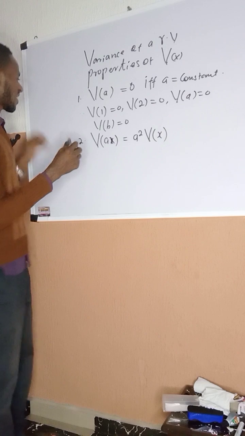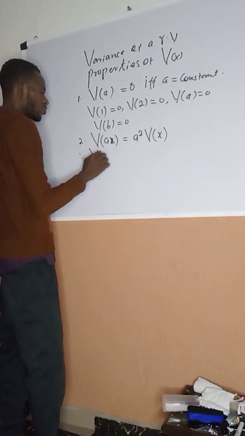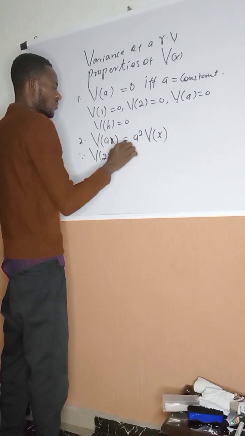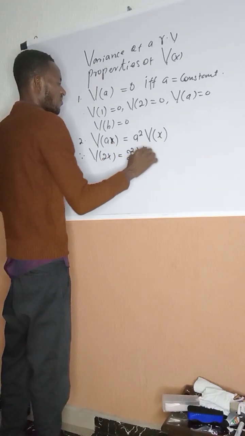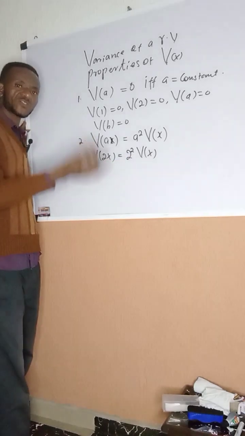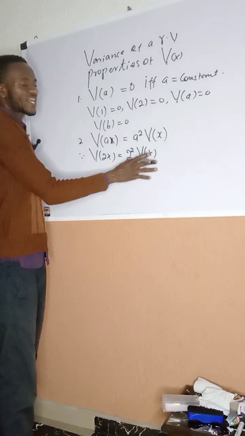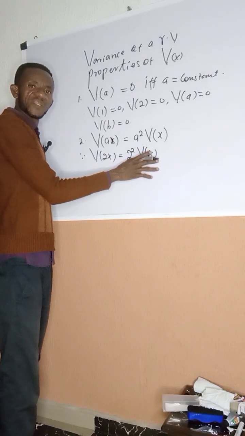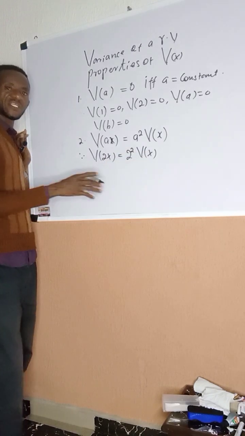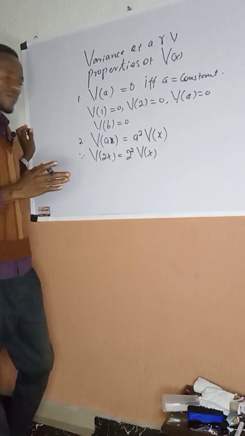So in that case, we can say therefore that var of 2x is given as 2 raised to power 2 var of x. What if we were told that var of x is 1 over 2, or var of x is equal to 1 over 3? It means we can evaluate this when they give us that information. So this, of course, is the number 2 property of the variance of a random variable.